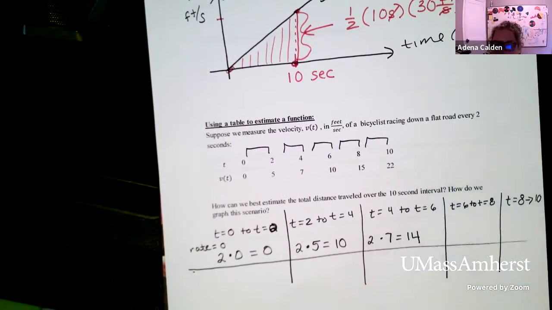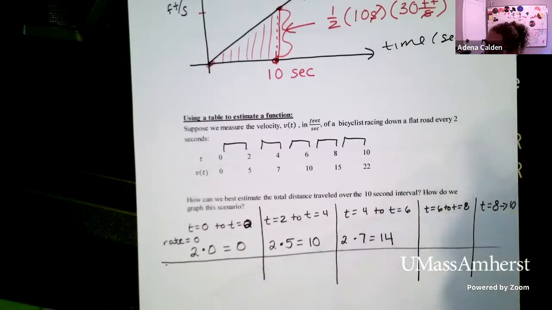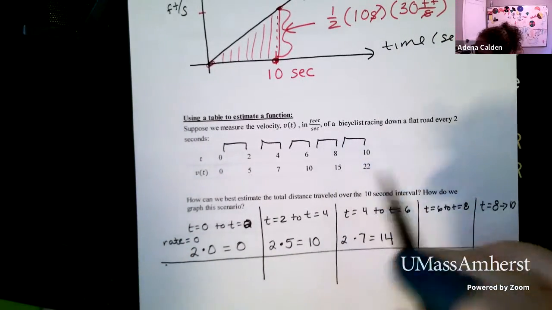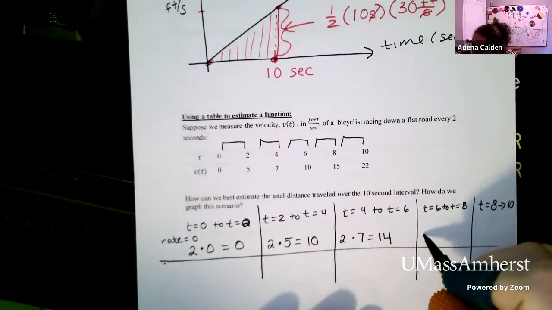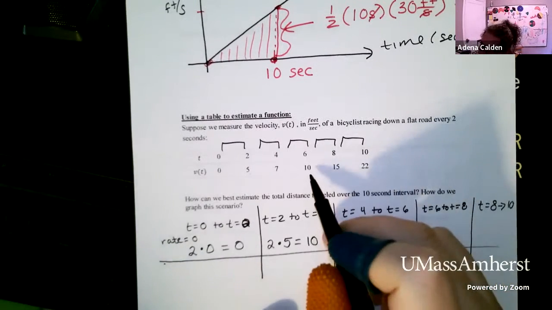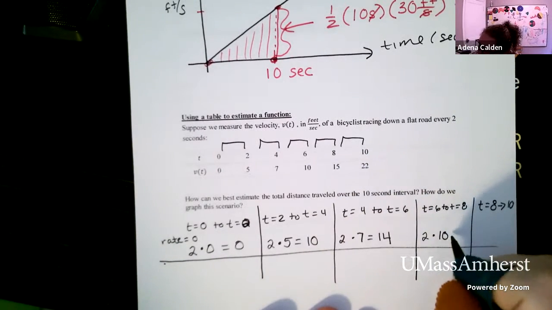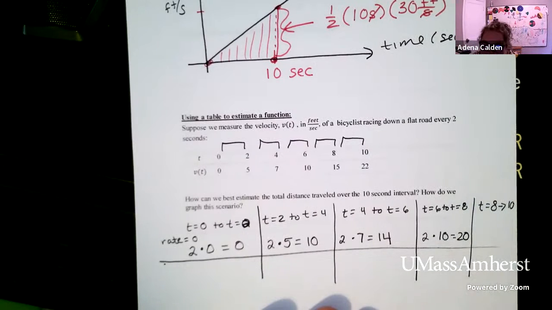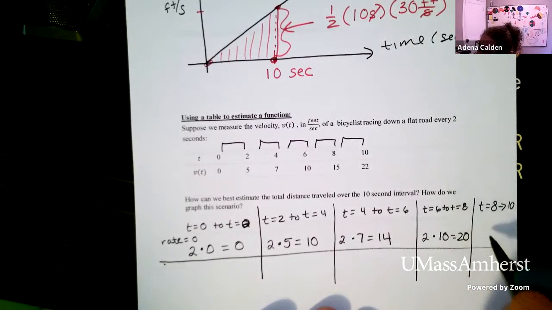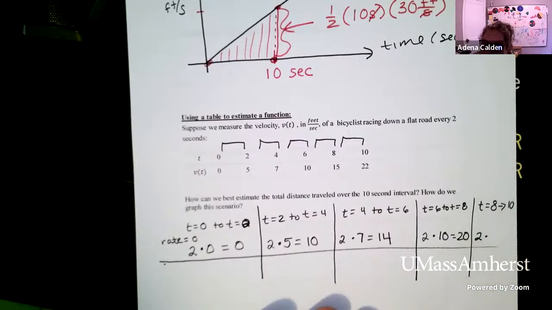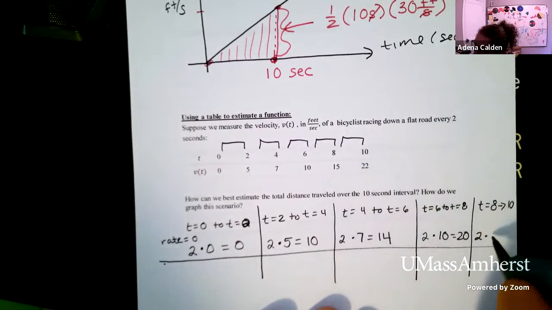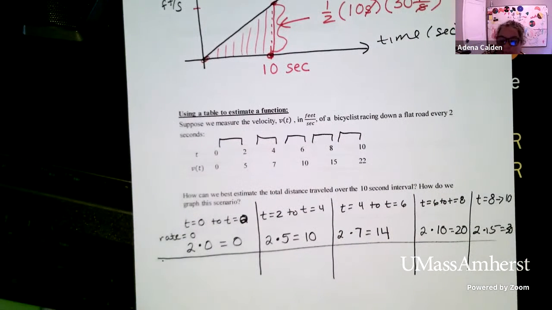So for that 2 second interval, I went 14 feet. From time 6 to time 8, that's another 2 seconds. I pick the rate on the left, which is 10. So I go 20 feet in that 2 seconds. And then from time 8 to time 10, that's 2 seconds. I pick the rate on the left. And that gives me 30 feet.